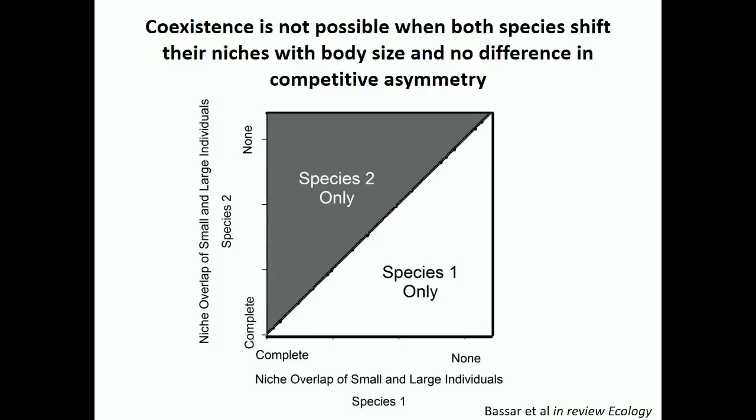In other words, small and large individuals occupy the same niche, all the way up to another part of the spectrum where the small and large individuals are completely separated in their niches. And under this scenario, this diagonal line here represents neutral coexistence, where basically the species are identical. And what this says is that whichever species is able to shift their niche more than the other one is the one that will competitively exclude the other species.